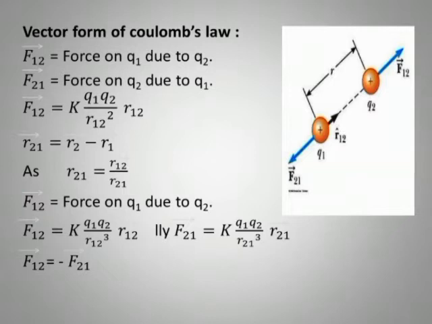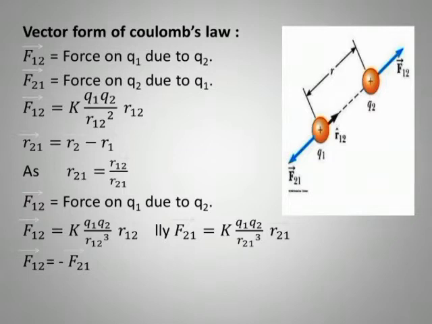Is this clear? Now, if I consider the vector form of Coulomb's law, what you're going to write here? The same thing I told you, F12, is it? Then you will write K q1 q2 divided by r12 square.